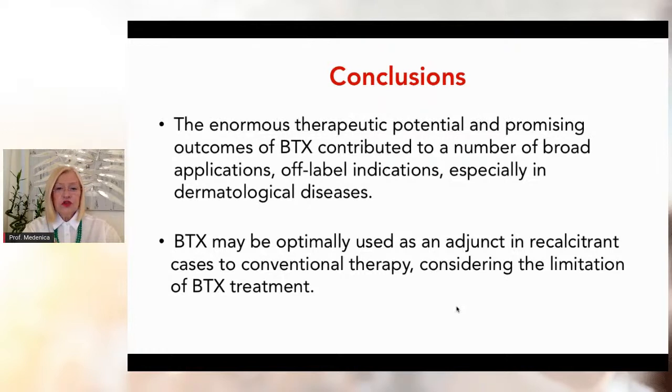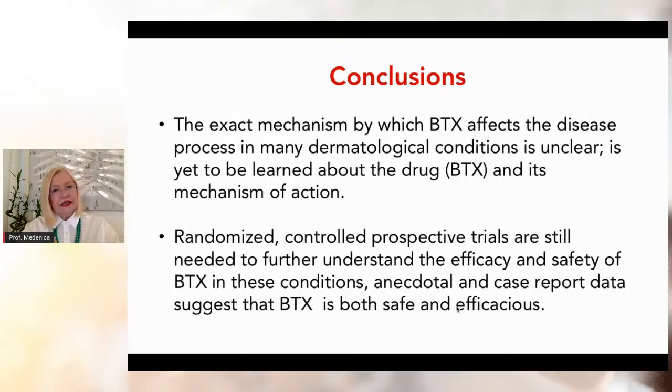But we should also consider the limitations of Botox treatment, for example, price. Also, the exact mechanism by which botulinum toxin affects the disease process in many dermatological conditions is still unclear. So, much is yet to be learned about the drug and its mechanism of action.